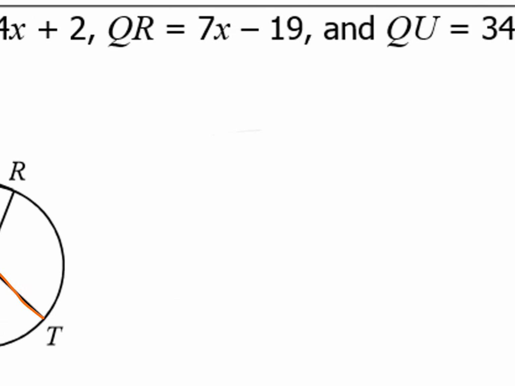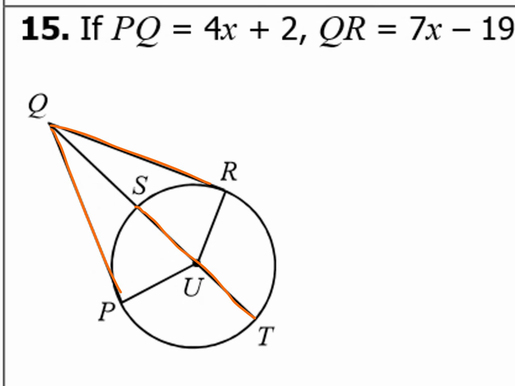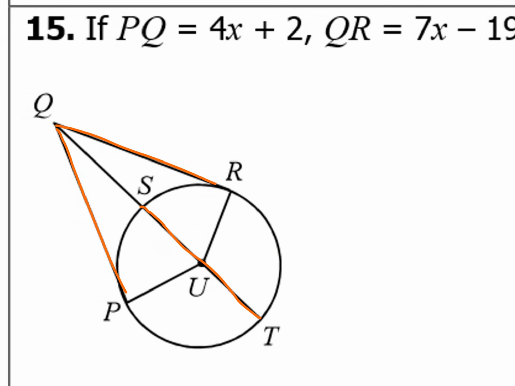And they gave us QU, I'm sorry, QU is 34. Okay, interesting. So these have to be right angles. I'm just trying to see what we know here.